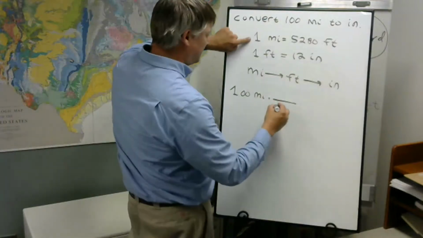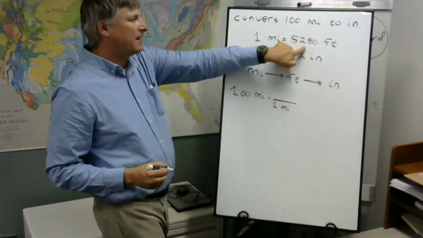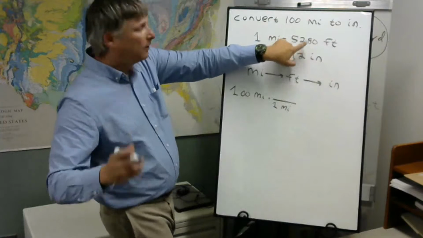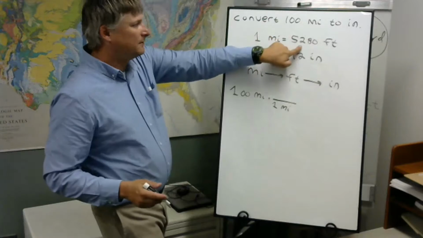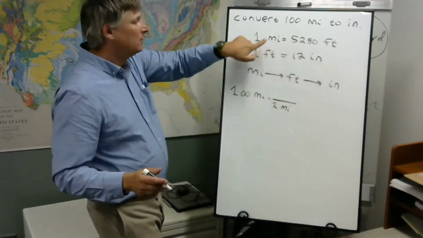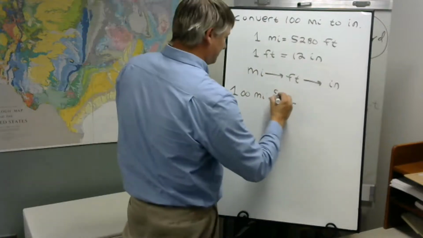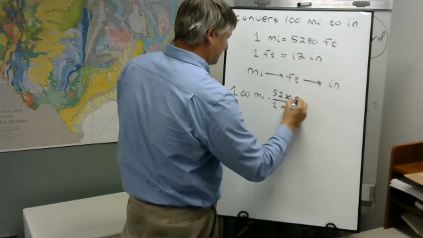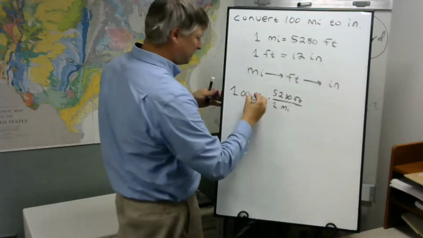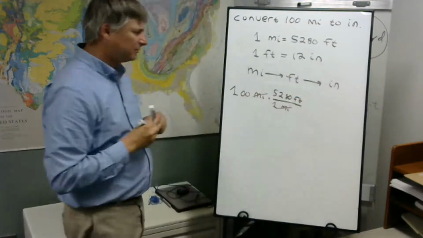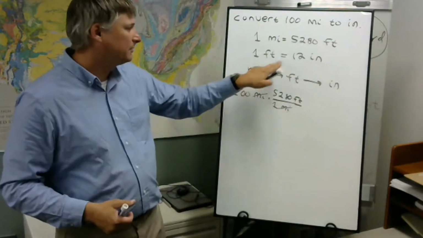So that means for this part, we have a mile over 5,280 feet, or 5,280 feet over 1 mile. Well, we're going to need the 5,280 feet on top of the mile because we need the mile on the bottom. And so far, so good. Miles are canceling, and feet are remaining. So that means we've converted from miles to feet.